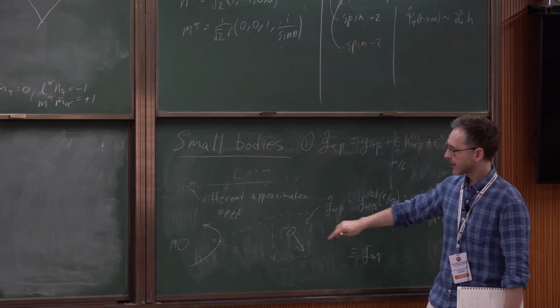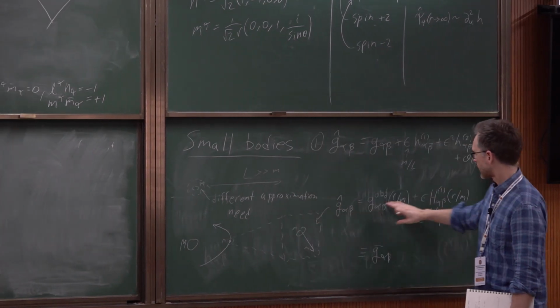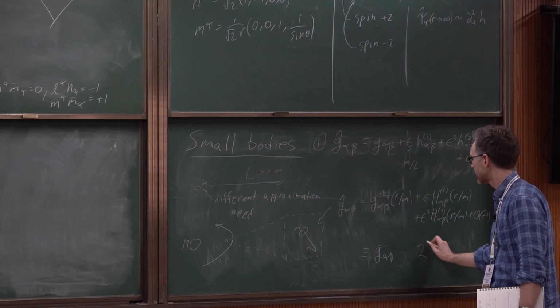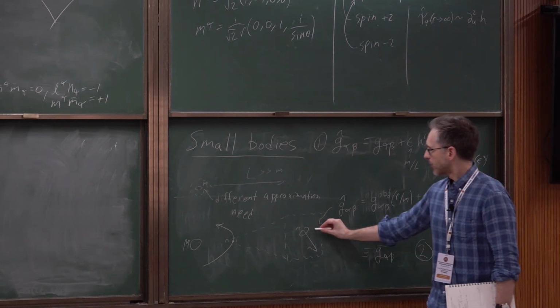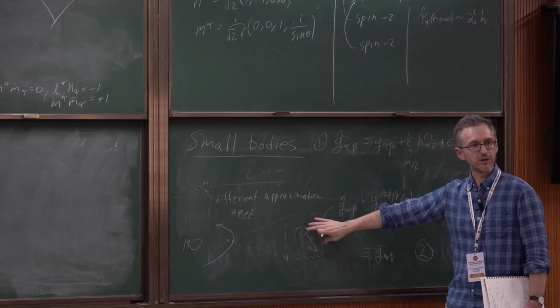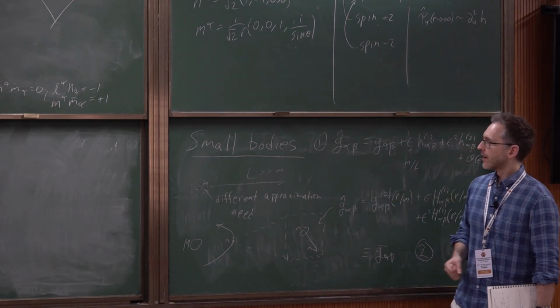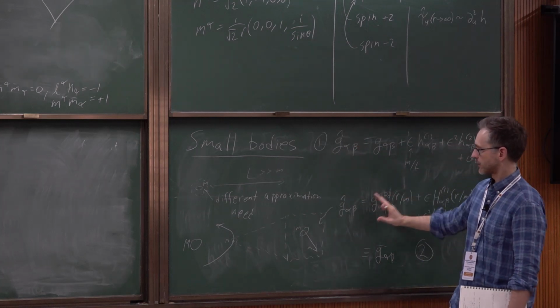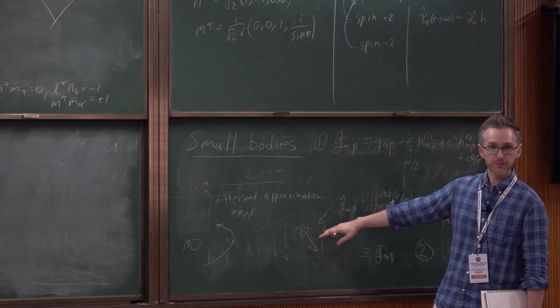So I first do an expansion that gets me into this region. That's this 2. Put a 2 here. And then I'm looking far away, so like the outer limits of this near zone near the small object. And then here, I'm starting from the outer limits and expanding inwards.